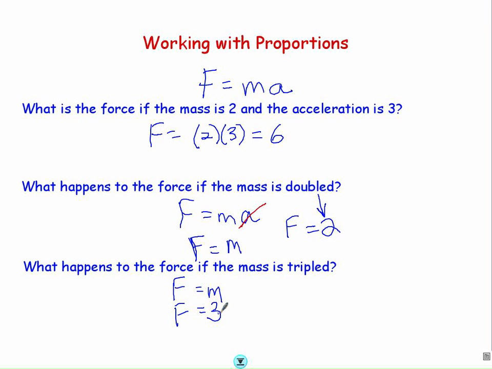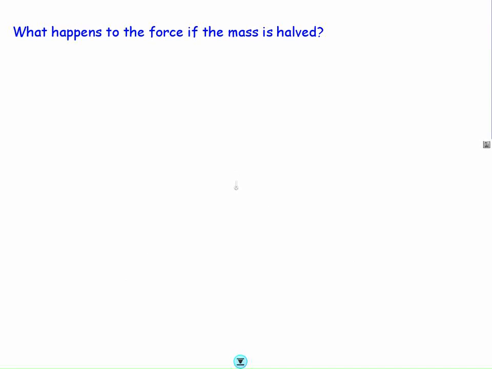The force is just going to be 3 times as big. Maybe one more example with this simple proportion. So in that same scenario, what happens to the force if the mass is halved? We're going to use the same proportional equation, F equals m. I'm going to plug in a half for m, and there's our answer. The force is going to be a half as well.